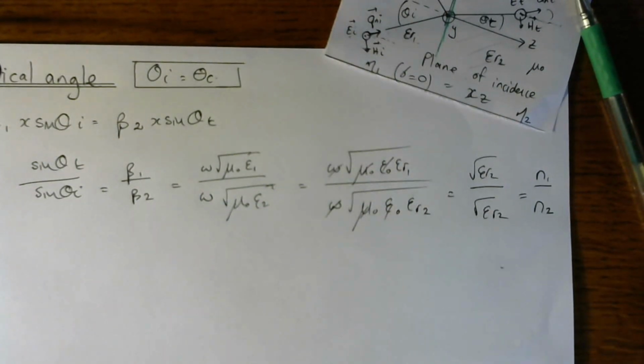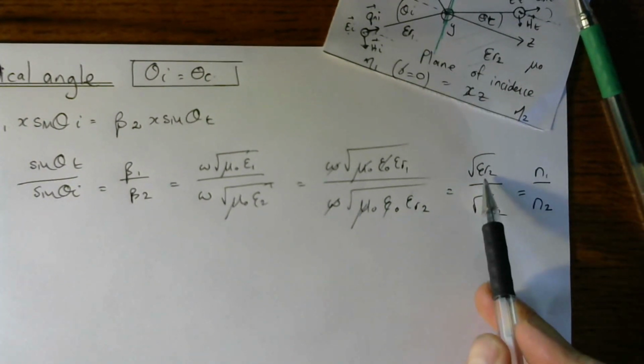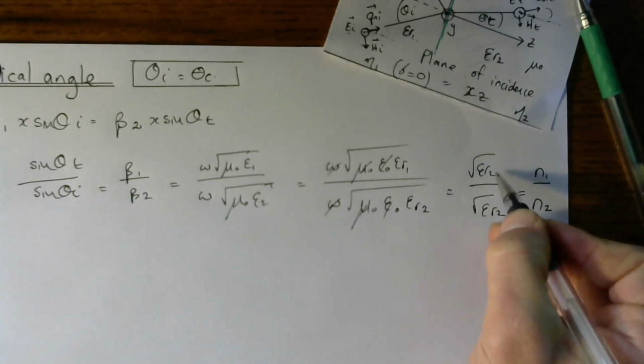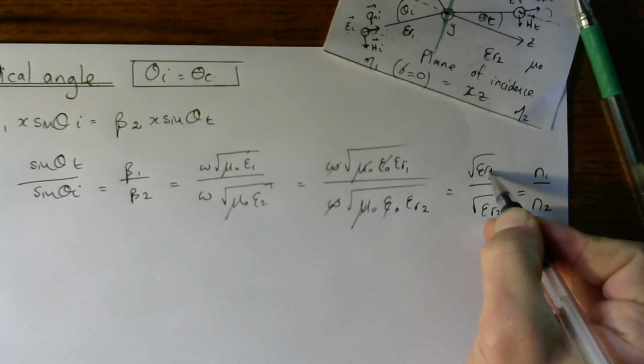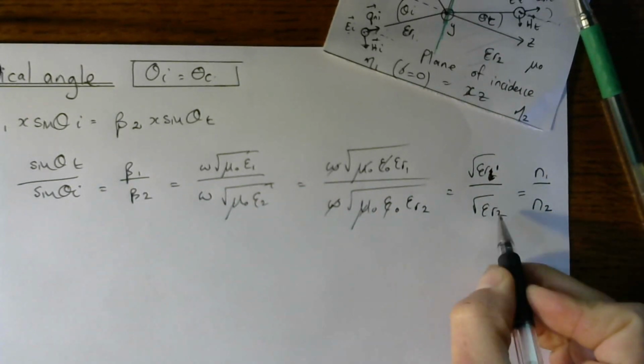The index of refraction also tells us something about the properties of the media. That's just equal to the square root of epsilon r. Ooh, that's not right. That's epsilon r1 over here. Let's cross it out. Sorry about that. That's a 1 and that's a 2.